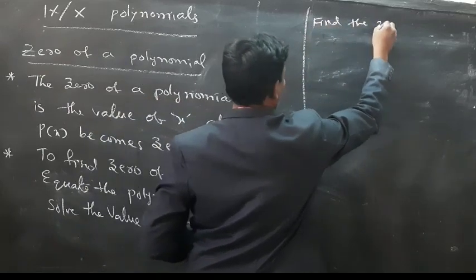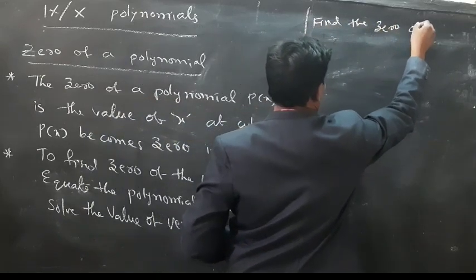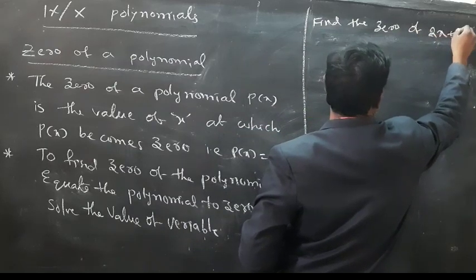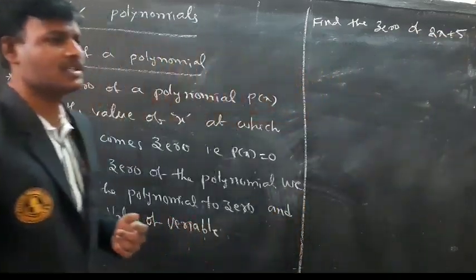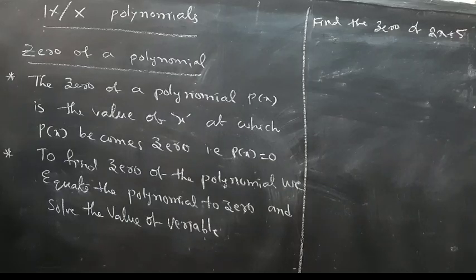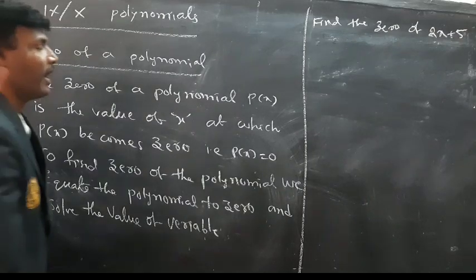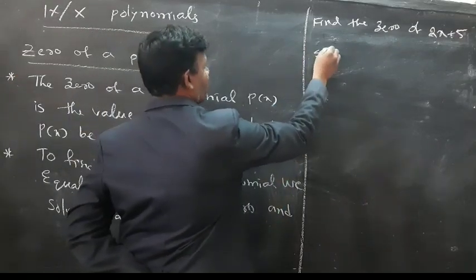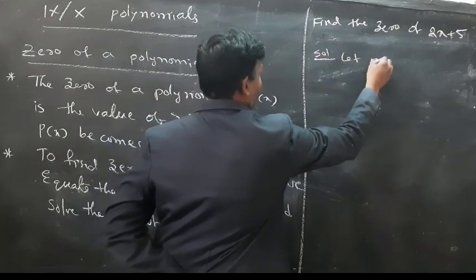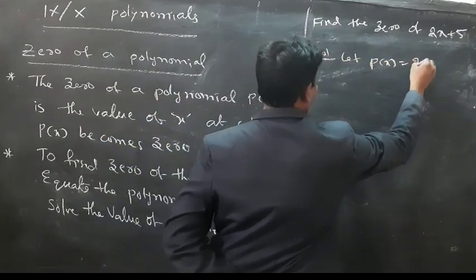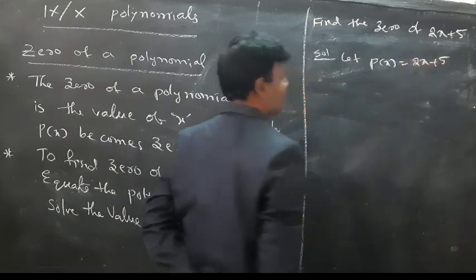find the zero of 2x plus 5. Here one polynomial. What is that? 2x plus 5. To find the zero of that, solution: let p of x is equal to 2x plus 5. What I said?